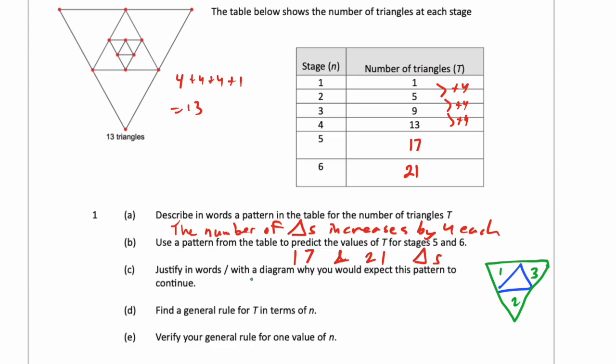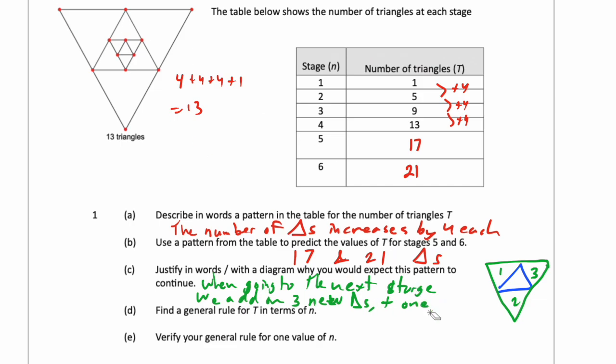Okay, so maybe we could say when going to the next stage, we add on 3 new triangles the same size as before, plus 1, maybe we could write that out.